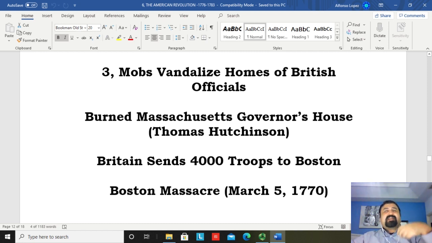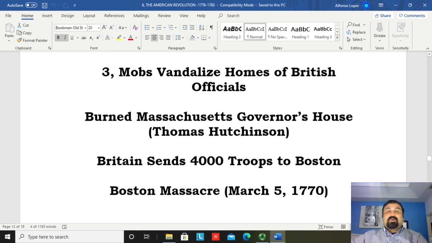So number three, the resistance actions are going to escalate much, much further, and they're going to become quite violent. The reason for that is that the masses, particularly farmers in Massachusetts, are going to be very radicalized by the ideas and the political commentaries of the merchants of the Sons of Liberty, and they're going to start unleashing their anger, if you will, against British officials.